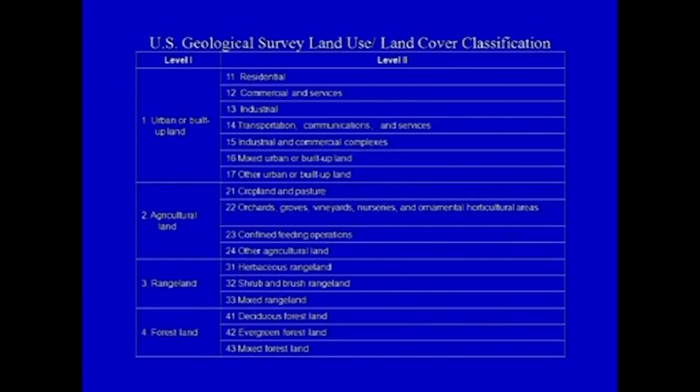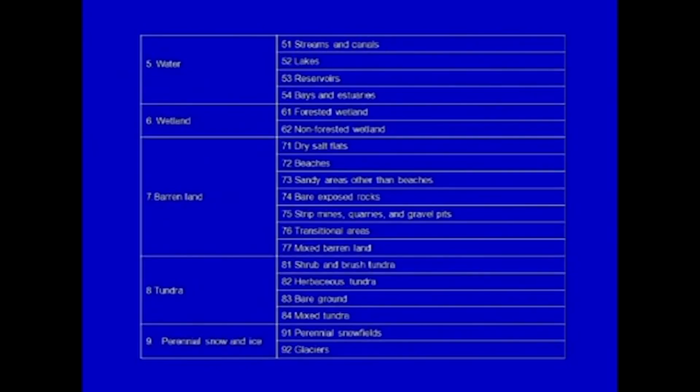So, in the USGS LULC classification scheme, at level 1 there are 9 basic information classes such as urban or built up land, agricultural land, range land, forest land, water, wetland, barren land, tundra and perennial snow and ice.